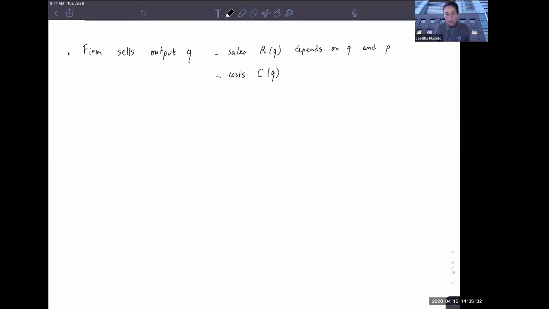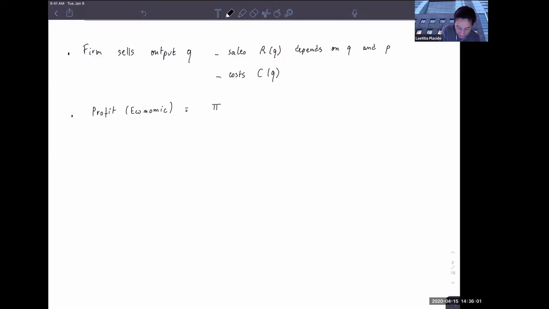Now, the objective of the firm is to maximize its profit. Basically, the firm wants to make the difference between total revenue and total cost the greatest possible. Formally, we write the firm's economic profit. Again, here we talk about an economic profit, not an accounting profit.